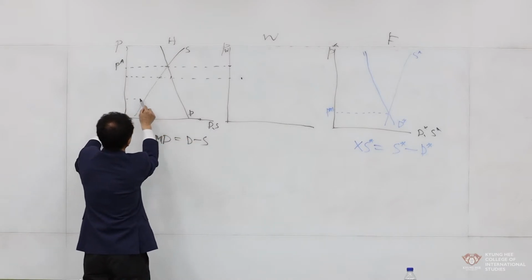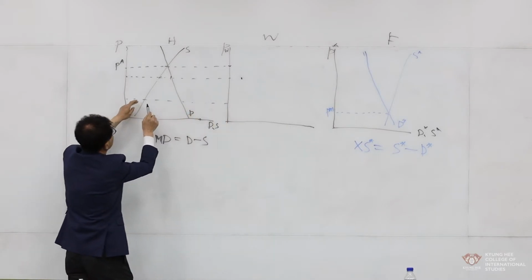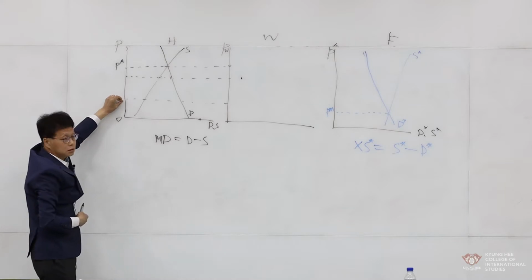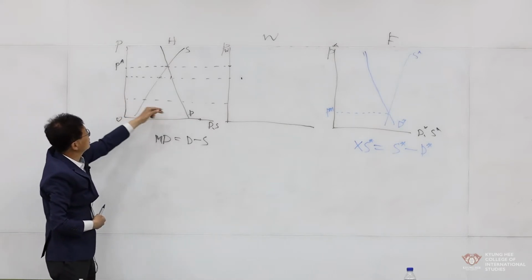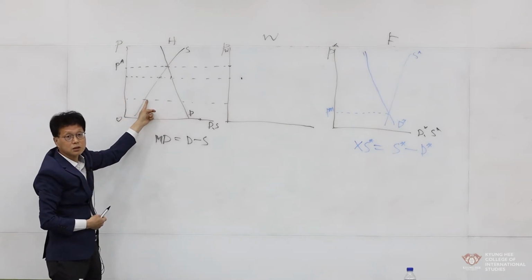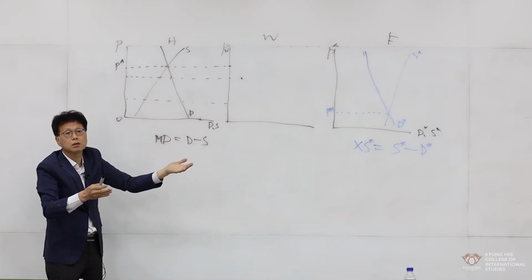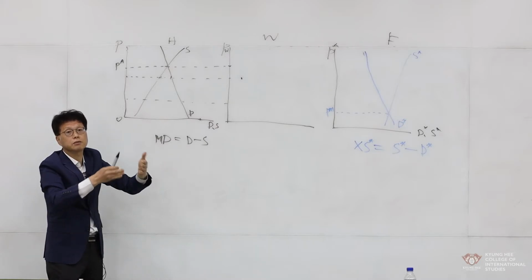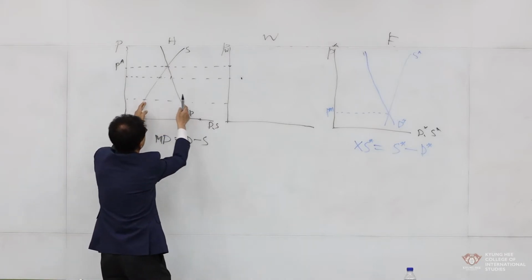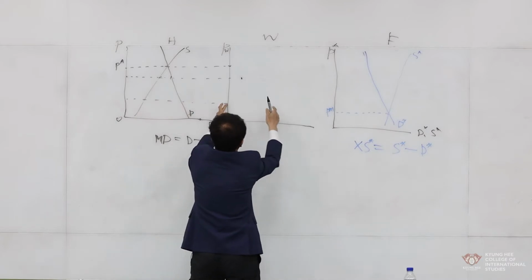If the price is here, then what happens? If the world price is here, then domestic demand is larger than domestic production. The gap between the two should be imported from the world market or from Australia, right? So the gap between the two is this one, for example.